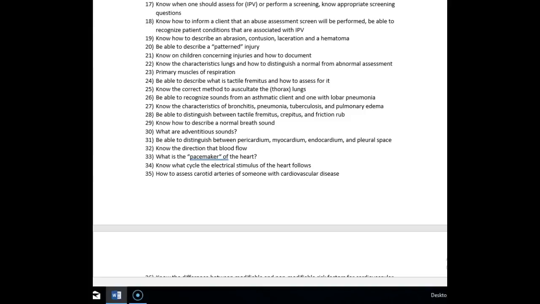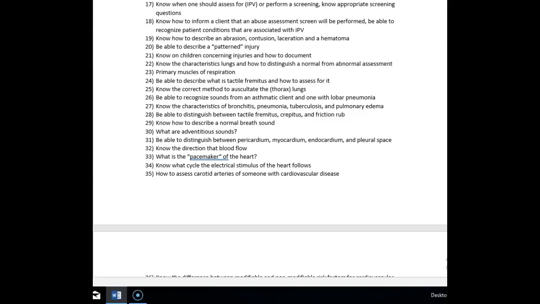When you're percussing in the back, you're looking for resonant. You listen to vesicular breath sounds over the peripheral lung fields, muffled voice sounds, and no adventitious sounds.